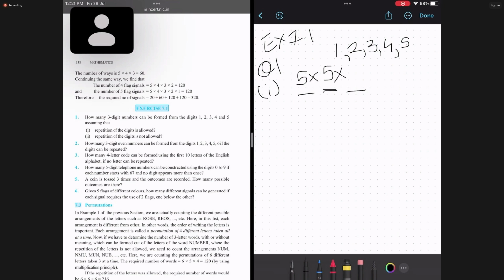And similarly, in the third digit, we can also use all 5 digits. So the answer that we get is 5 into 5 into 5, which is 5 cube, which is 125. So 125 numbers can be made which are 3 digits long using 1, 2, 3, 4, and 5 if repetition is permitted.